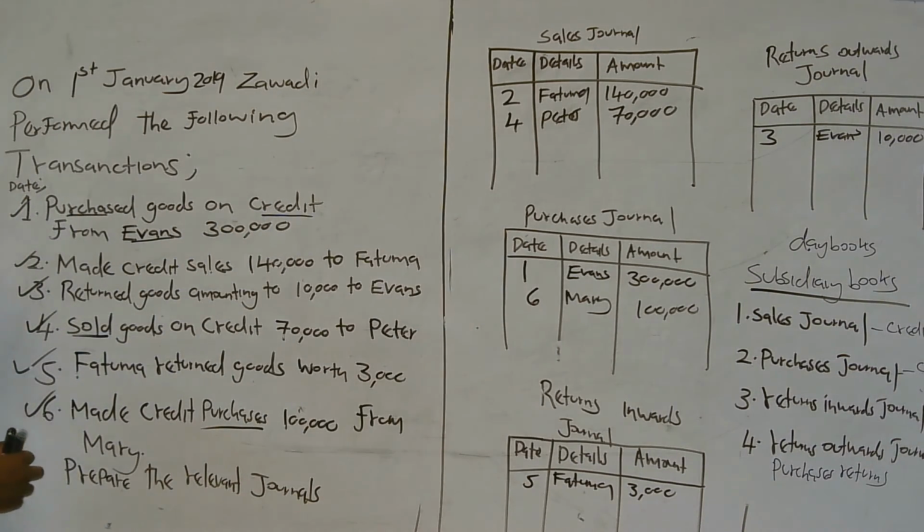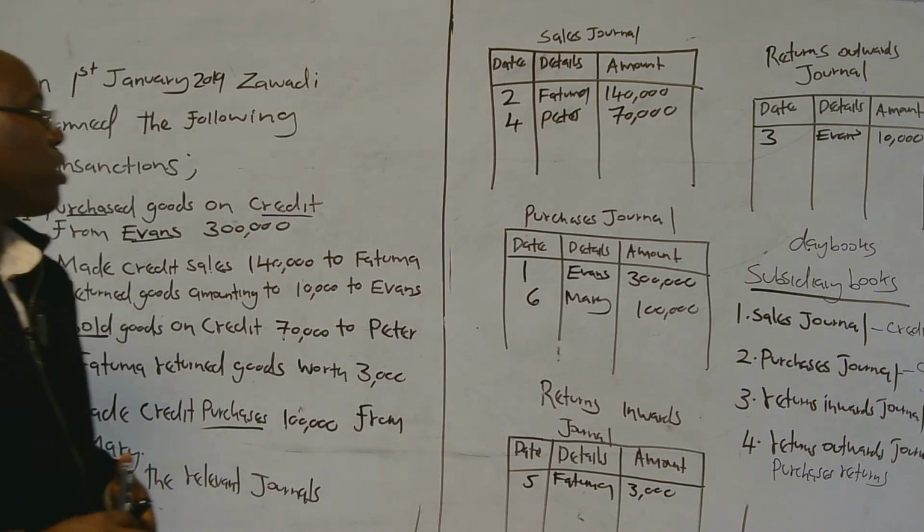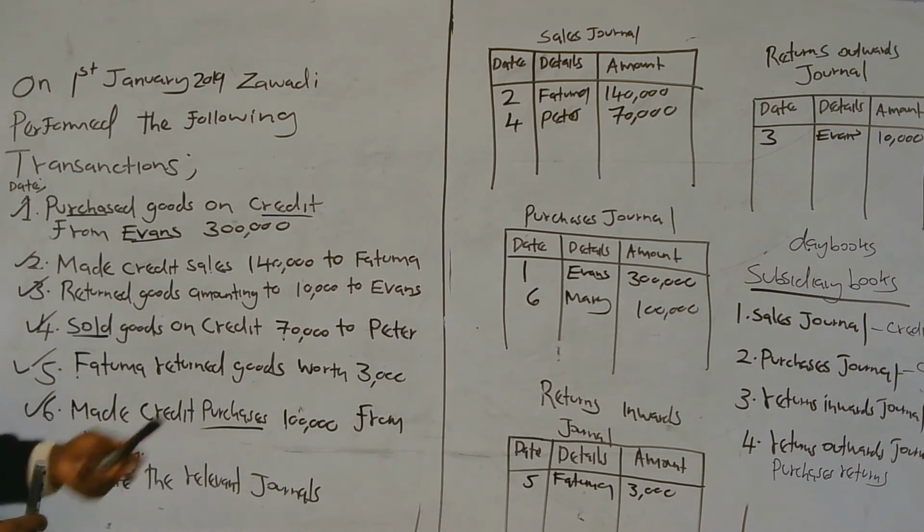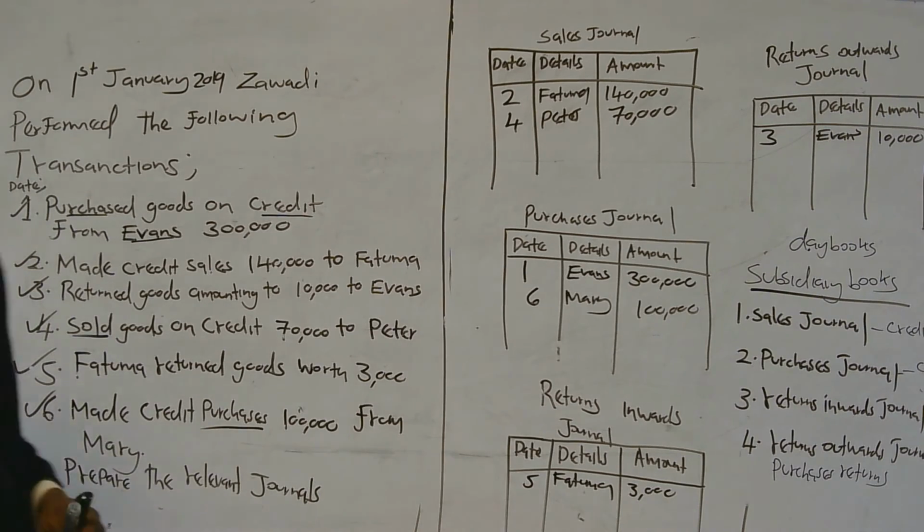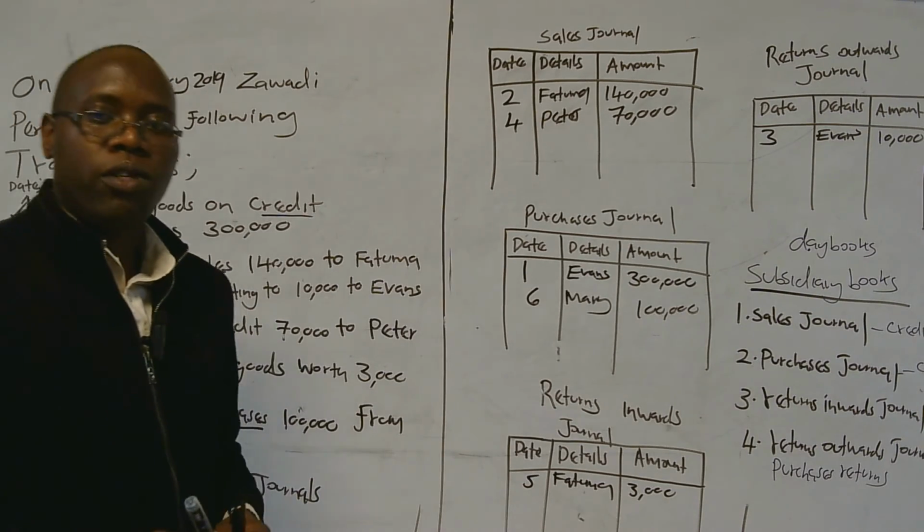So we made that particular credit purchase of 100,000 from that particular Mary. So now those are the transactions that we have, from date 1 all the way to that particular date 6, and that's how you prepare those particular journals.